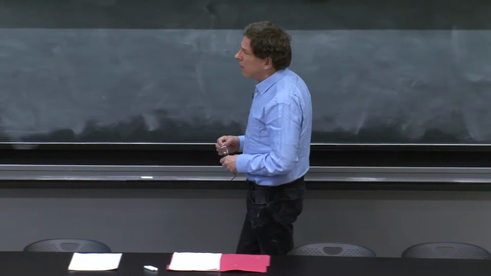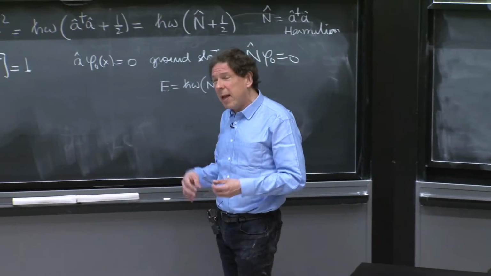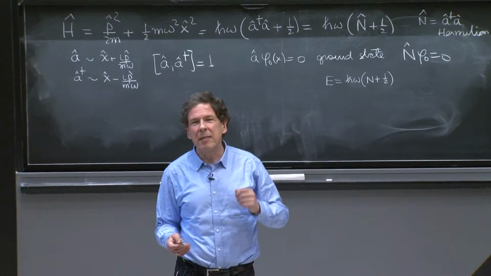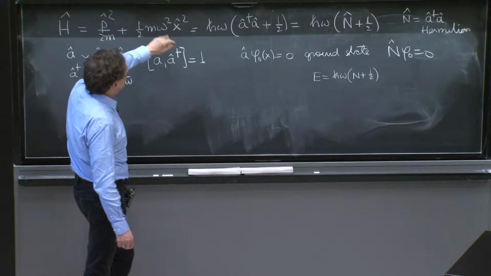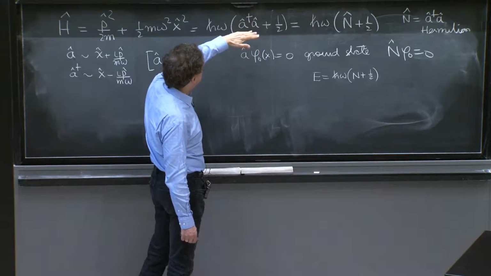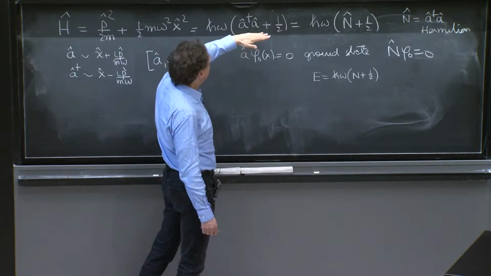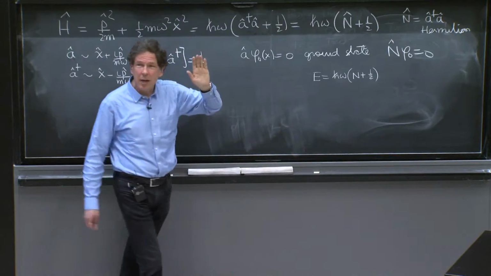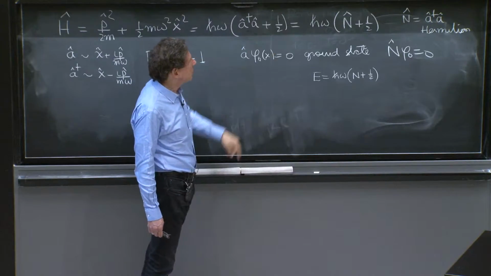And last time we solved the differential equation, we found the energy eigenstates, and then turned to an algebraic analysis in which we factorized the Hamiltonian, which meant essentially you could write the Hamiltonian, up to an overall constant that doesn't complicate matters, as the product of A dagger A. And that was very useful to show, for example, that any energy eigenstate would have to have energy greater than h omega over 2.